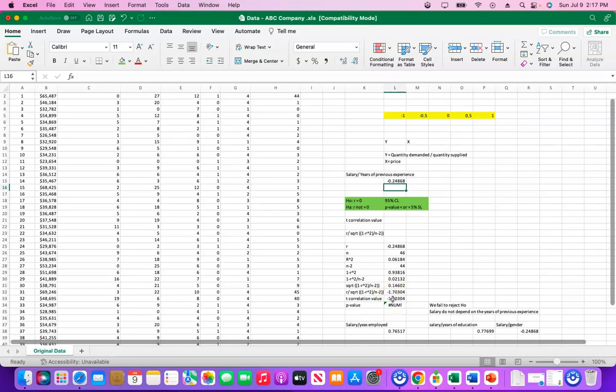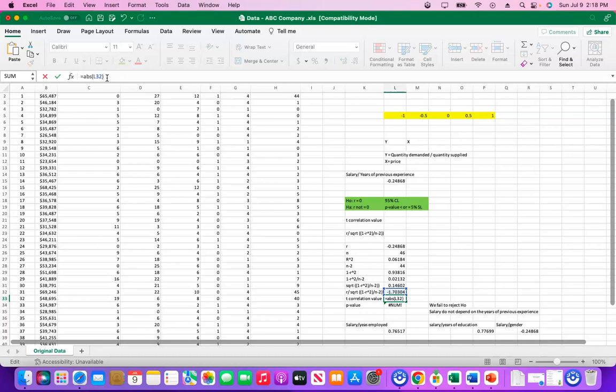It should always be positive. So I'll click here and type absolute, ABS. We'll make that value always absolute. The t value should not be negative. When it is negative, you won't be able to find the probability value.